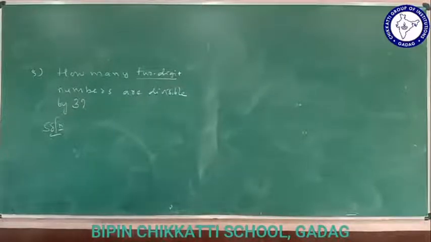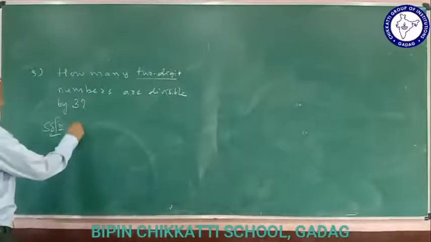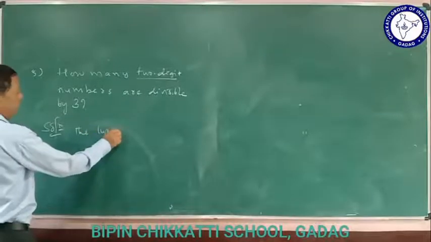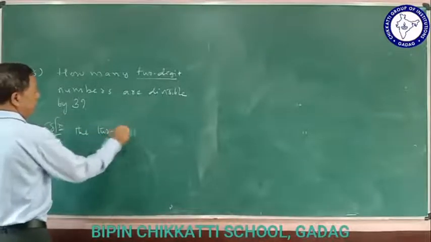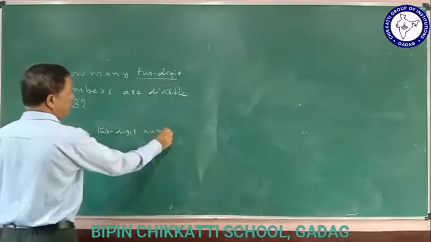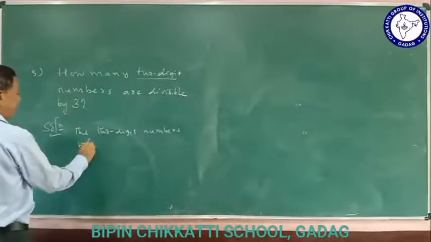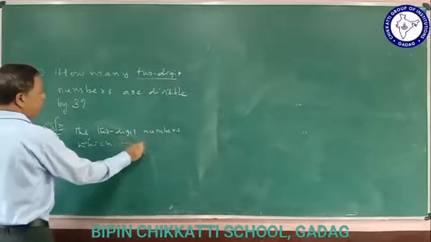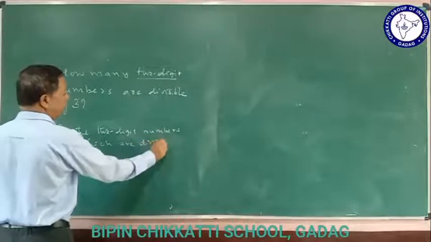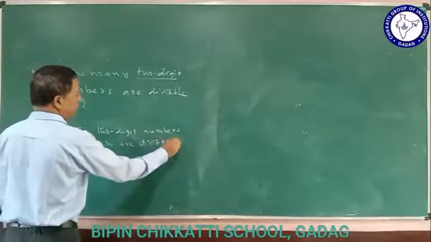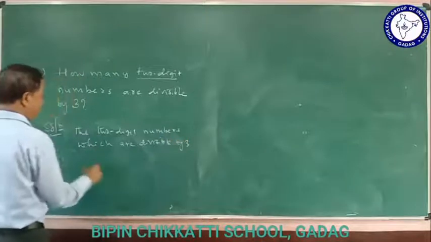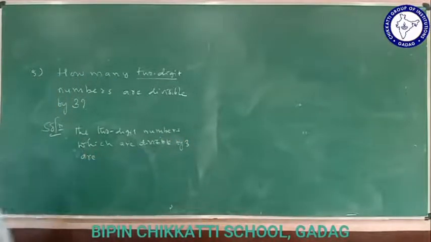So the two-digit numbers which are divisible by 3 are as follows.